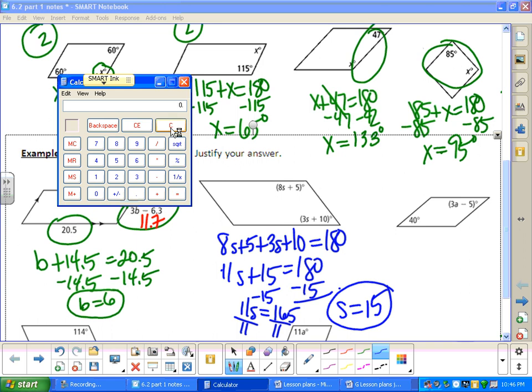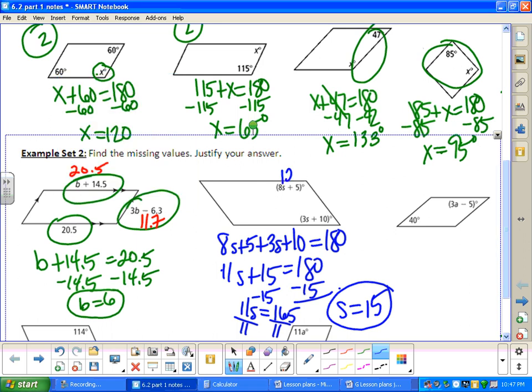Is that right? Yes. So this is 125 degrees. And that adds up to 180. Then 180 minus 125 is 55 degrees.